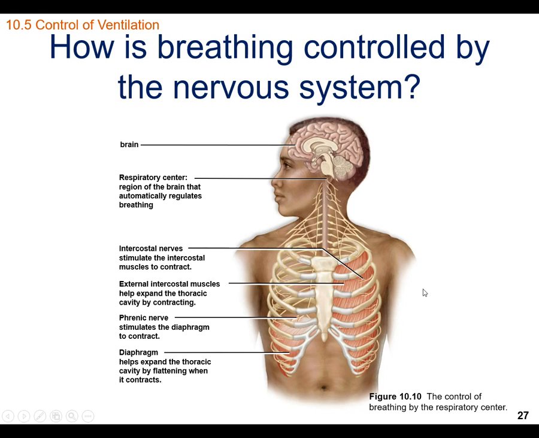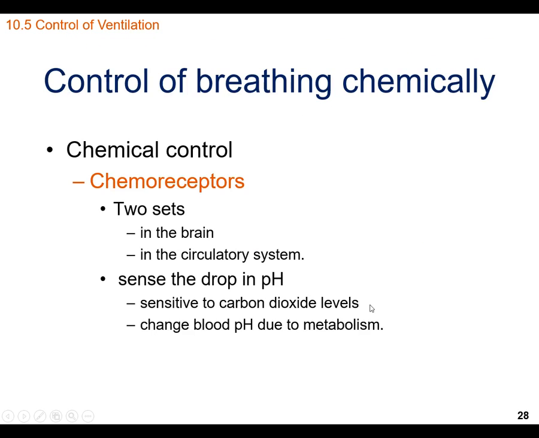Now, what's interesting about breathing is you can consciously control your breathing, but if you stop paying attention to it, your brain will go ahead and go on autopilot and take that back over again. There's a couple of things that happen with control of your breathing. You have chemoreceptors, which are chemical controls, and there's two sets. You have one in the brain and one in the circulatory system.